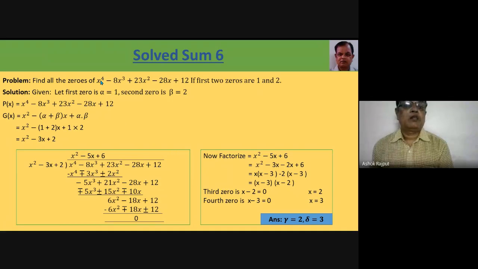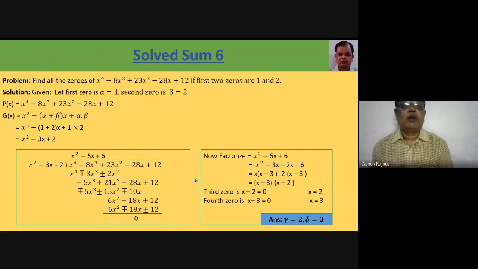Its degree is 4, so its zeros are 4, and because only 2 are given, we will find the other two zeros. In such a way we have found it here also. So we will practice this many times, and you will find these types of sums in the examination also. So it is an important question.